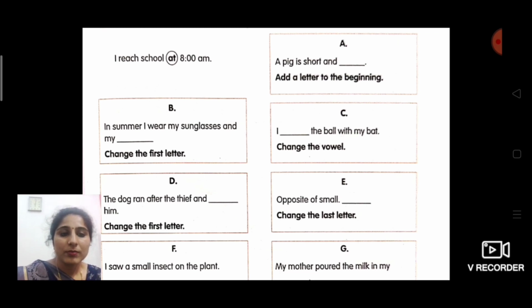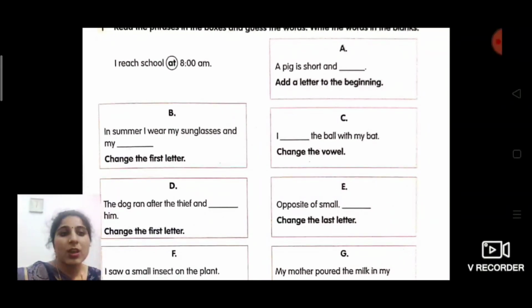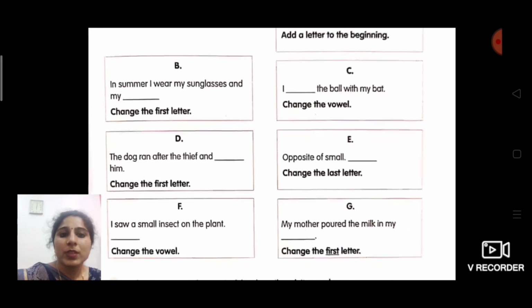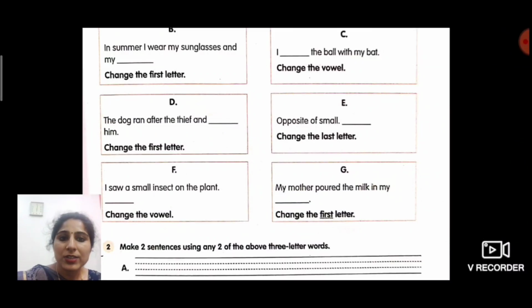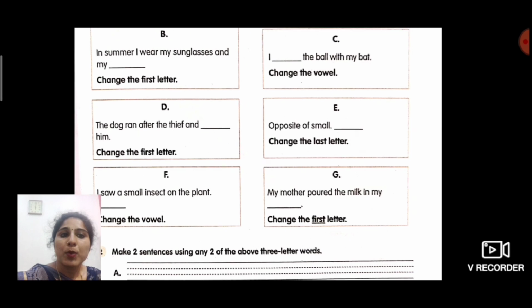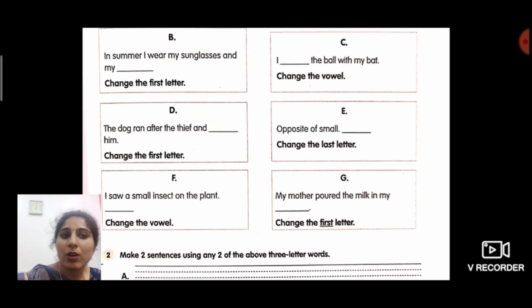C question. I dashed the ball with my bat. Change the vowel. Here you have to change the vowel. The dog ran after the thief and dash him. Change the first letter. Here you have to change the first letter. Opposite of small.